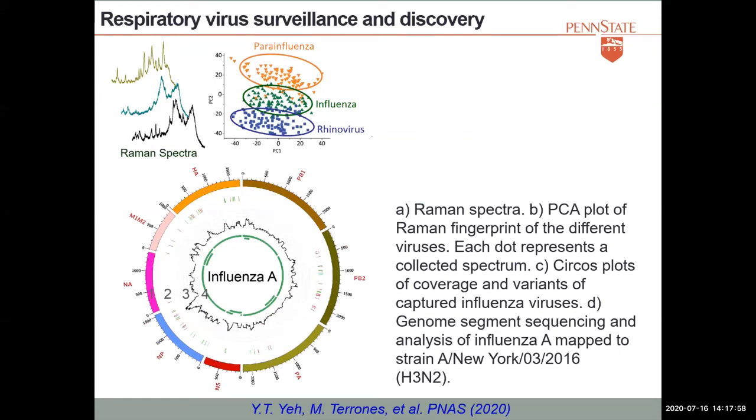So right now we're trying to improve the signal to noise ratio of the Raman signal and trying to use different platforms for doing this. But in a matter of 2 minutes, you can really screen a sample and you can say, well, it looks like it has this type of virus. Of course, it has to be in your database. But if that works, then it's very, very helpful.